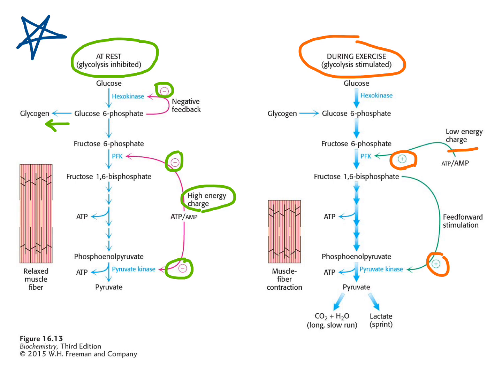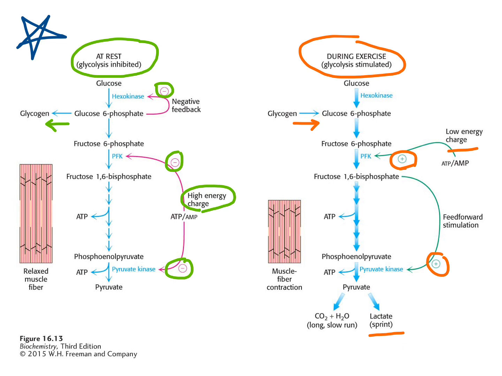You can see the arrow, and that causes the glucose to be broken down into glucose 6-phosphate, and you see the arrows are thicker from glucose all the way down to pyruvate.